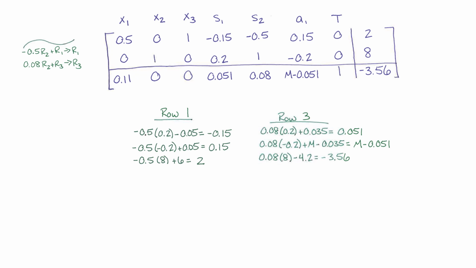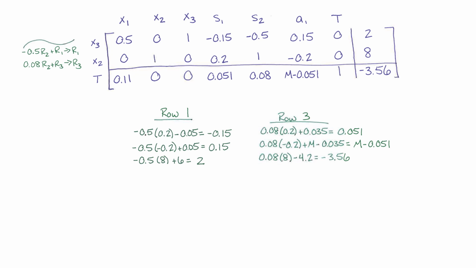So this tableau is optimal. There are no negative values in the bottom row to the left of the objective column. And I see that the basic variables are x3 representing row 1, x2 representing row 2, and t representing row 3.